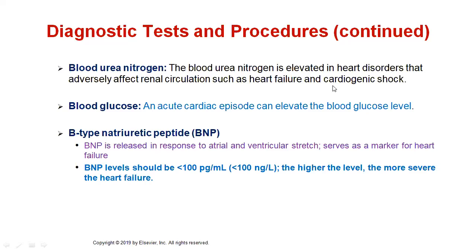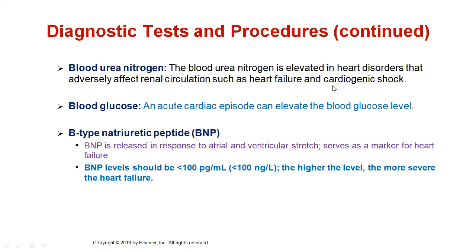And usually the blood glucose is 70 to 110 milligram per dL. Acute cardiac episode, not talking about the diabetic, can elevate the blood sugar level as well.